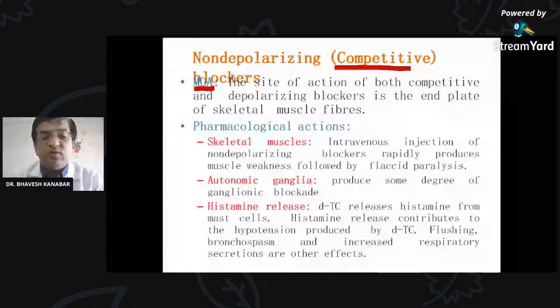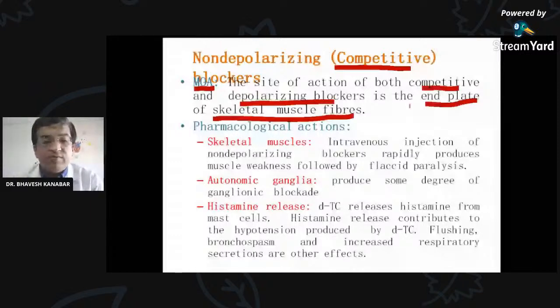Yes, you know that basic physiology. Whenever the impulse transmission in the muscle is blocked, the muscle gets relaxed. So the site of action of both competitive and depolarizing blockers is the end plate of the skeletal muscle fiber. You have learned that in physiology. By blocking that end plate activity, skeletal muscle relaxation occurs.